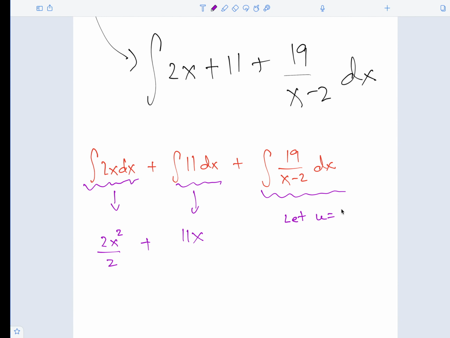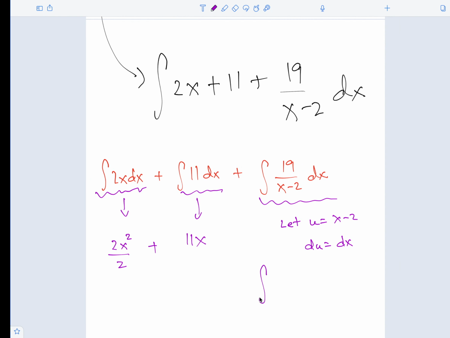Let u equal x minus 2, and then du equals dx. Now that's okay here, because basically now I'm just left with 19 over u du. We're replacing dx with du, replacing x minus 2 with u.